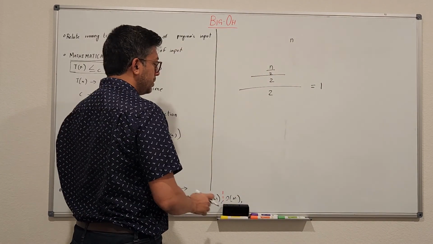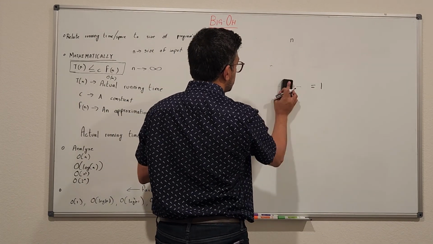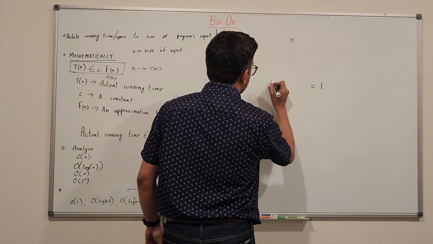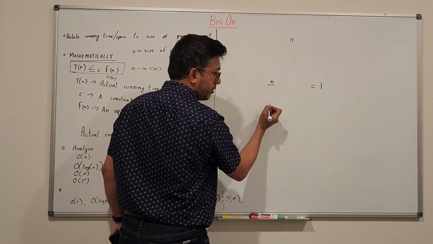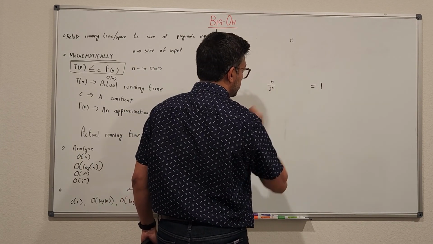So what this would mean is, if I keep on dividing by 2, suppose I have to divide it x times. So n divided by 2, divided by 2, divided by 2, x times will be n divided by 2 raised to x equal to 1.